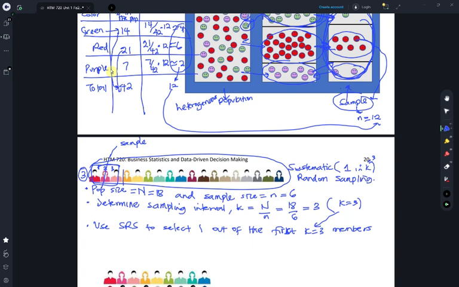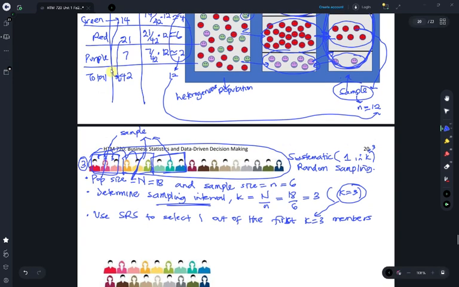Then I will pick the next 3 again. Since we said our sampling interval is 3, that means from 2 I'll count 1, 2, 3. The next person is this person, also makes it into the sample. So it appears that for every 3 persons, the second person makes it in because I am jumping in jumps of 3.